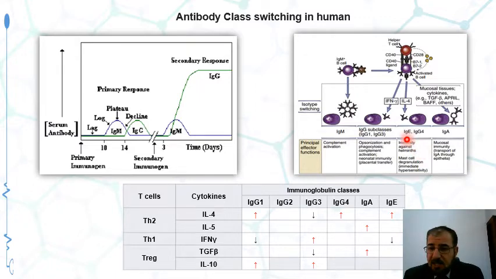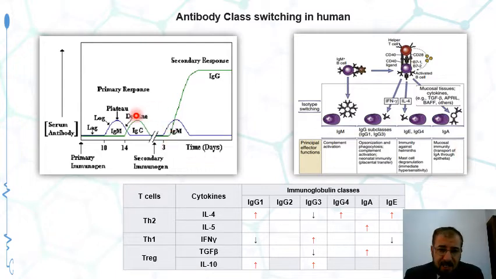Also, the IgE Fc portion can bind certain receptors of the mast cells, leading to degranulation and releasing mediators, leading to immediate hypersensitivity. Also, if the B lymphocyte gets help from other cytokines like transforming growth factor beta, APRIL, or BAFF, or any others, it may change the IgM to IgA, which produces mucosal immunity.